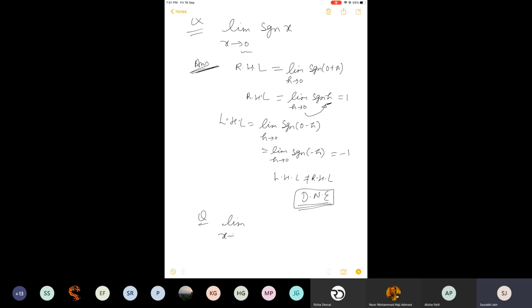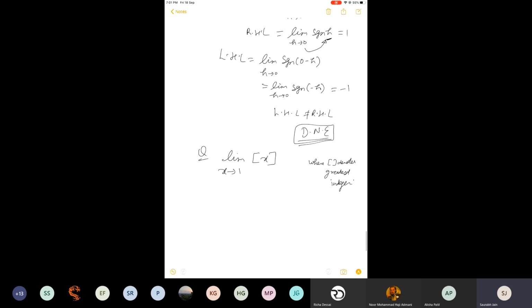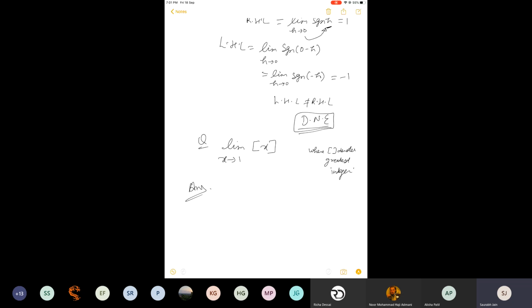I hope you will be able to solve this one now. There is this greatest integer. RHL. Now the x is approaching 1. So h tending to 0.